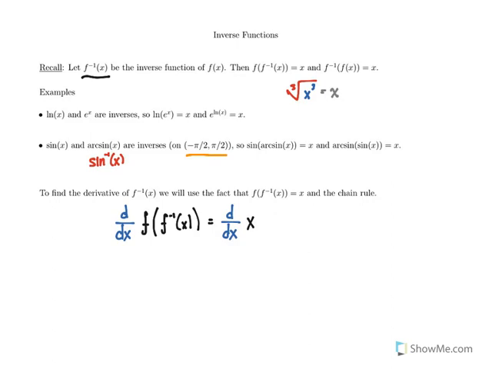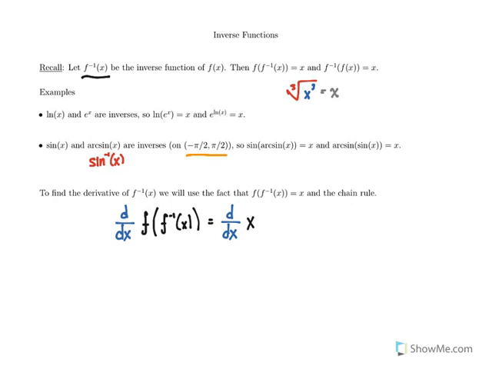The reason we can do that is because we can really do whatever we want to an equation as long as we do it to both sides equally. In this case, we take the derivative of both sides of the equation, and those should still be equal as the derivative is a well-defined function.